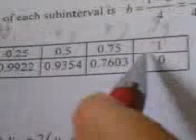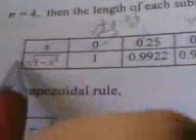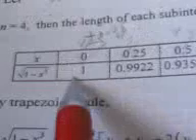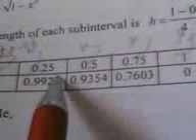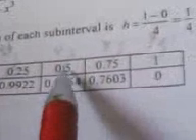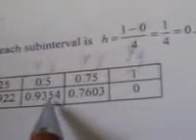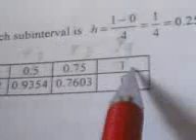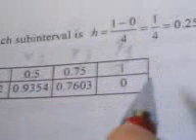Then you have to find y. y equals the square root of 1 minus x cubed. For x equals 0, y is 1. For x equals 0.25, y equals 0.9922. For x equals 0.5, y equals 0.9354. All the way to 1, where y becomes 0.